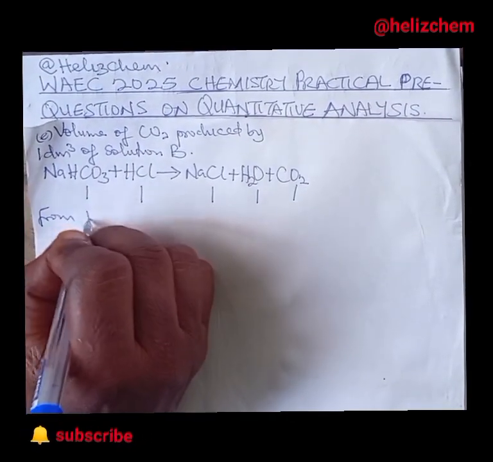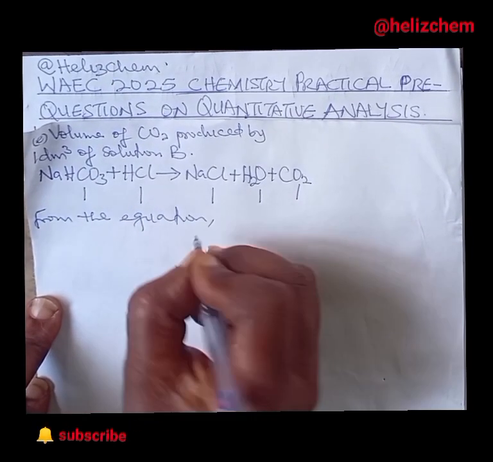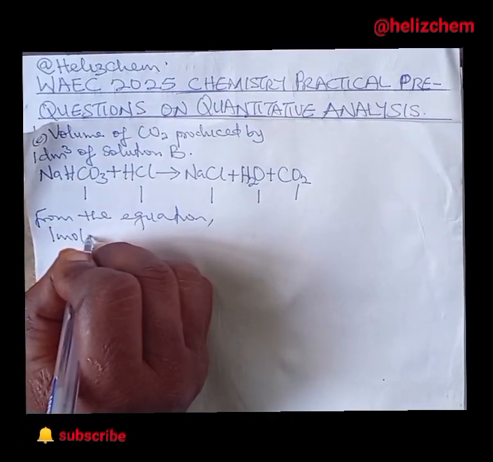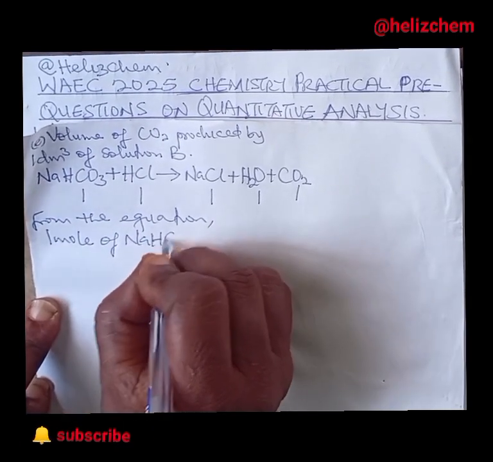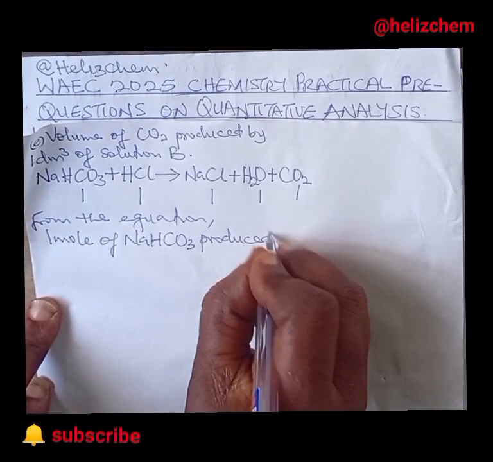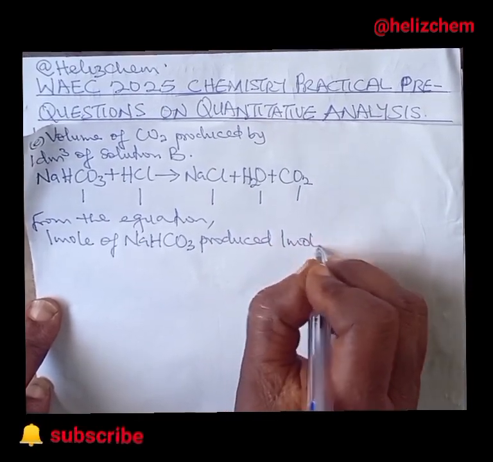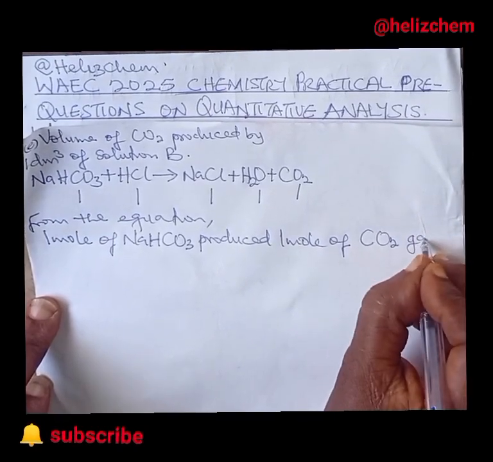So from this equation now, 1 mole of sodium hydrogen carbonate produced 1 mole of CO2 gas.